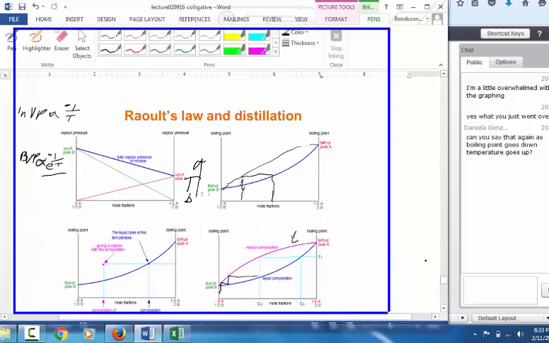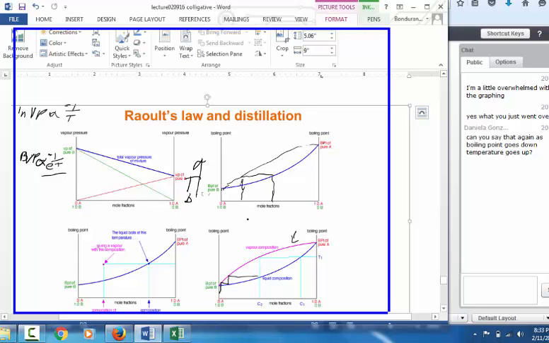So this compound that has a lower vapor pressure maps into a higher boiling point. One that has a higher vapor pressure maps into a lower boiling point.